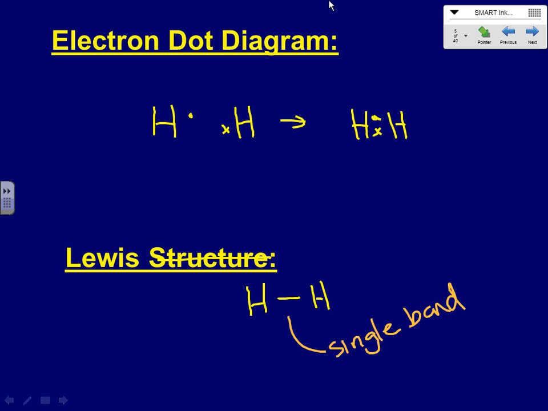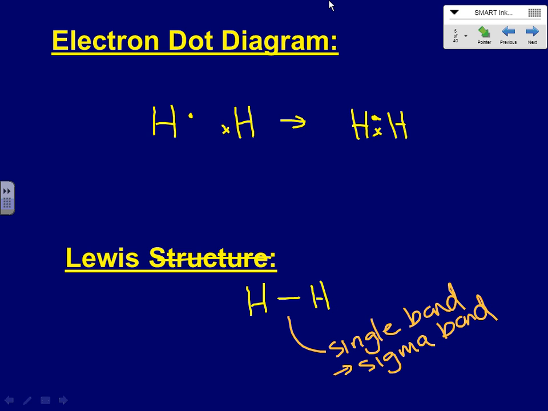But we have more information now. We also know that it came from very simple end-to-end overlap. A single bond is always a sigma bond. We're going to get away from saying single bond, and we're going to start talking in terms of sigma bonds.